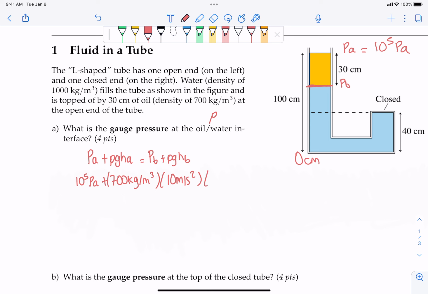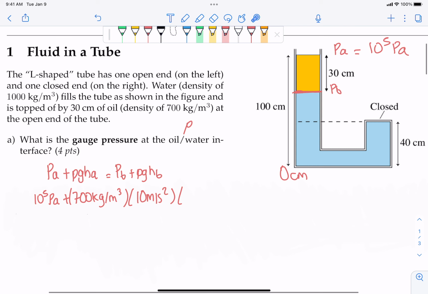And then here comes our height. The height is probably the one thing that you have to make sure you set properly. So when I say PB, I want this to be at the bottom. Generally, I will set that as my arbitrary 0 centimeter point relative to this top point right here. So I can say this is 0 centimeters, for example. That would mean that this thing has a height of 30 centimeters, right?